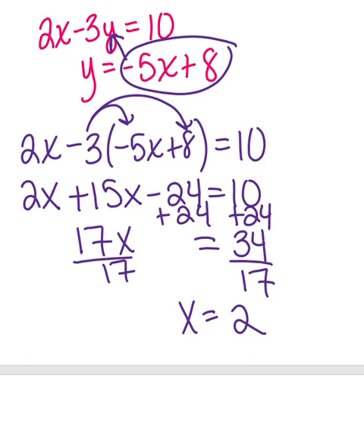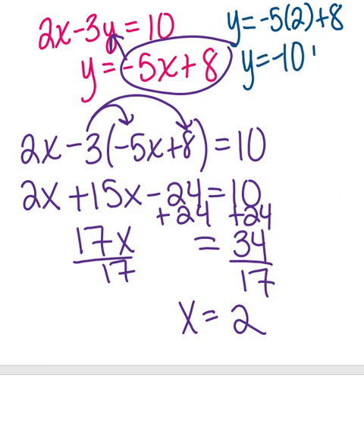And just like before, that's going to be the x-coordinate. To find the y-coordinate, I'm going to plug in. And I could plug into either. I'm going to plug into my second equation here. Negative 5 times positive 2 plus 8. So my y-coordinate, negative 5 times 2 is negative 10 plus 8.